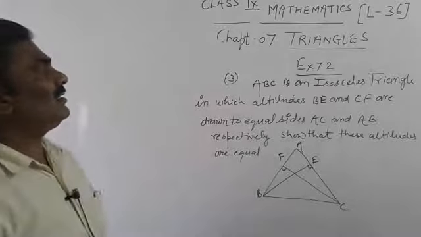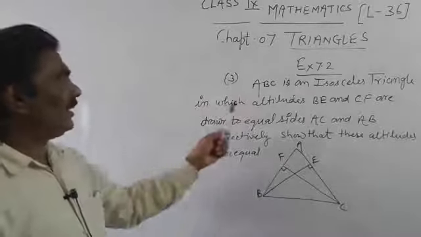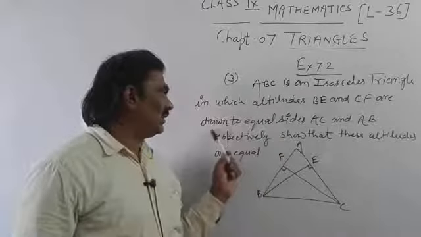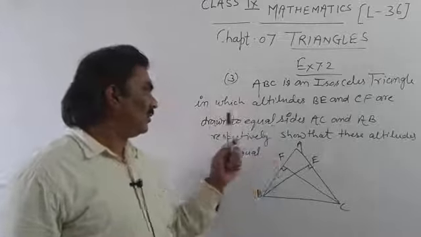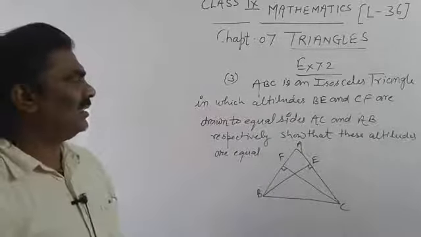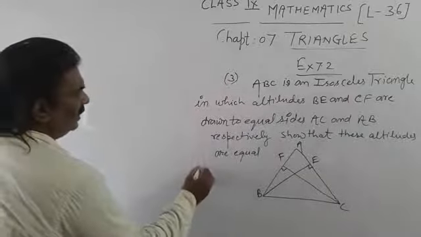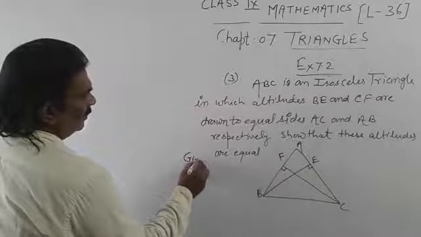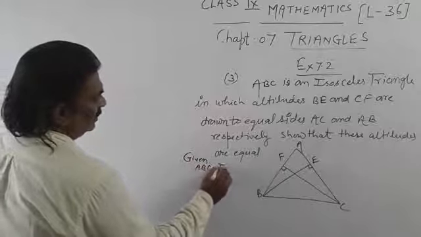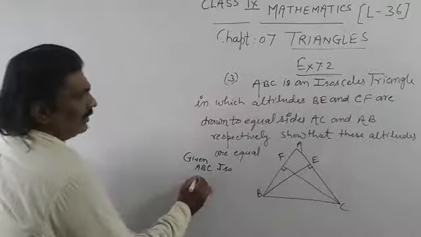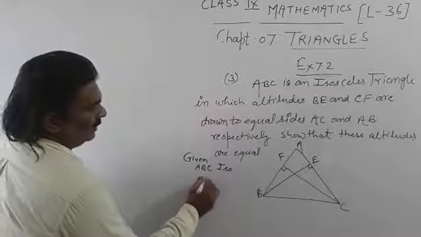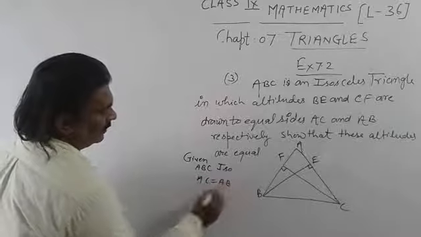Question is: ABC is an isosceles triangle in which altitudes BE and CF are drawn to equal sides AC and AB. So students, here we have triangle ABC given, means we have isosceles triangle ABC, and here AC is equal to AB.